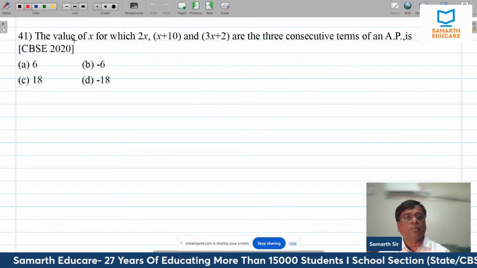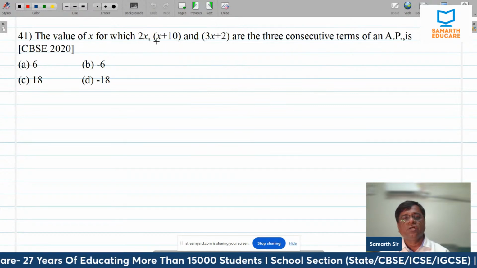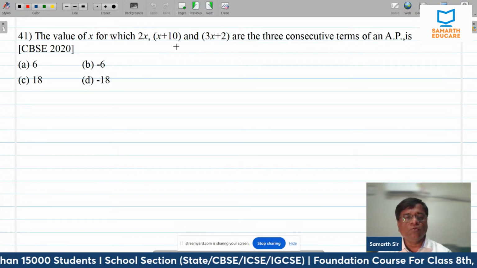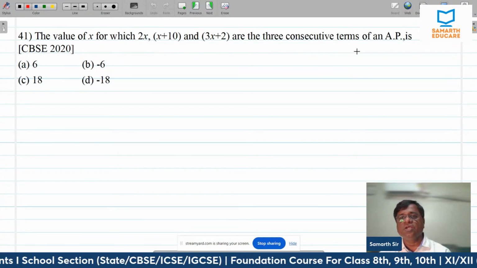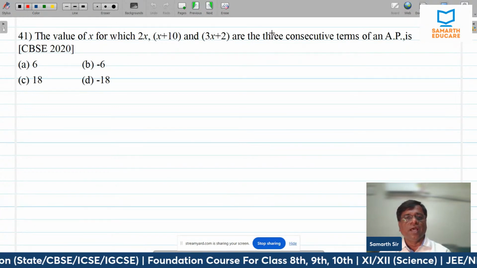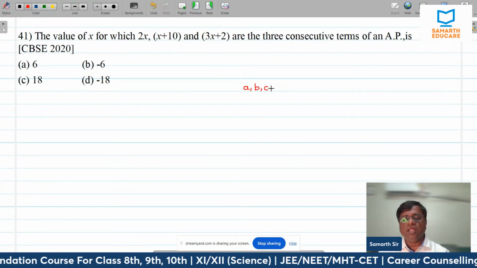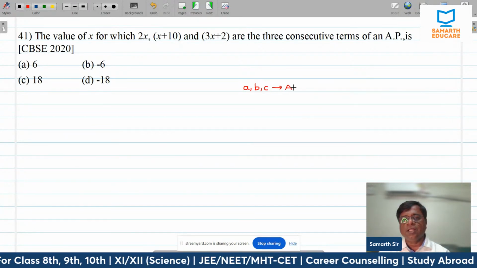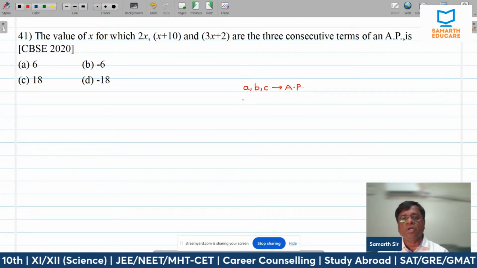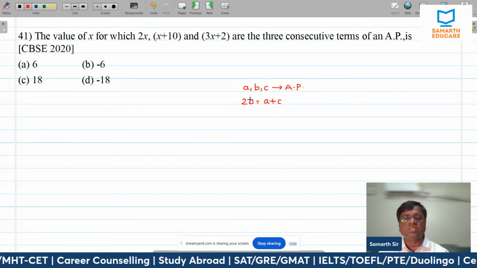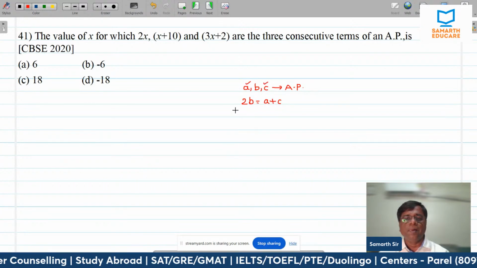Now, the values of x for which these are three consecutive terms in an AP. If you remember the second video, first question, I explained this. I told you that if three terms A, B, C are in AP, then the easiest way to solve the problem is that twice the middle term is the sum of the extremes, that is A plus C. Extremes means the ends.